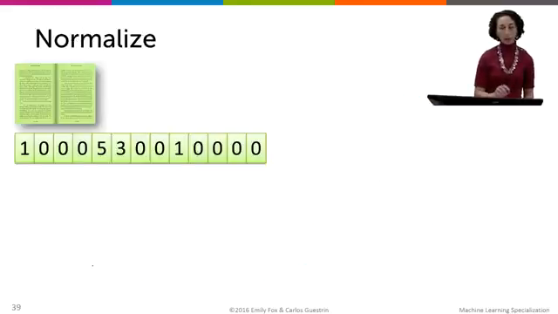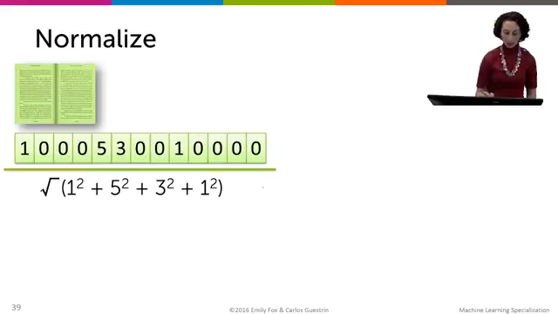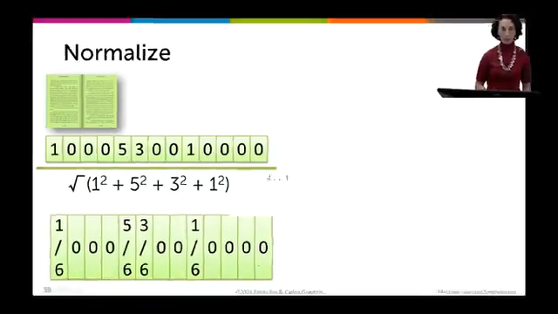Okay, but now I want to run through an example of what I mean by this normalization, just to make sure it's very clear to everyone. So here's our standard word count vector, or maybe TF-IDF vector. And when we think about normalizing it, we're simply thinking about dividing by the sum of the squares of the counts in this vector, square rooted. And if we do out this calculation, then our normalized representation of the document would be as follows.